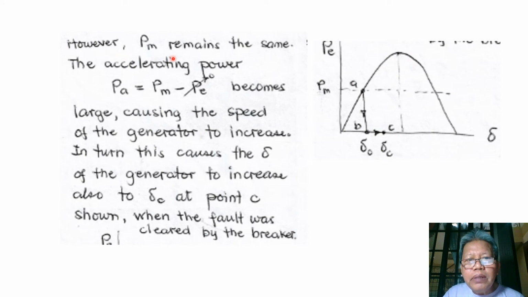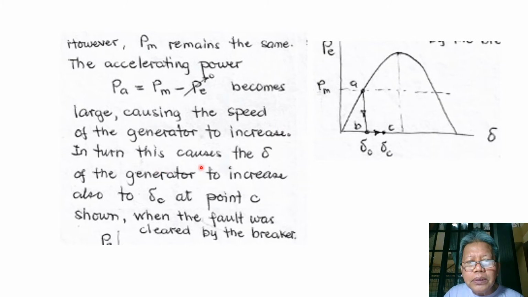PM remains the same. So the accelerating power PA is equal to PM minus PE. When PE becomes 0 at point B, our accelerating power becomes large, causing the speed of the generator to increase. So the generator speeds up.